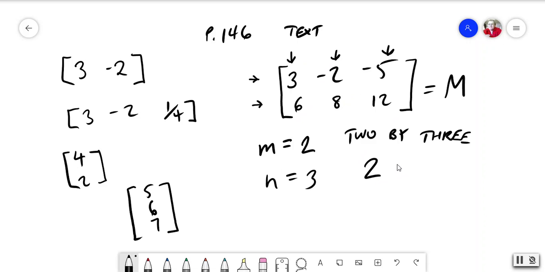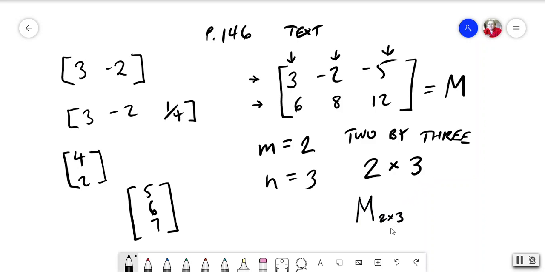And the way we write that is the same way we would write it if you've ever seen a piece of lumber, a 2 by 4, a 3 by 6, something like that. They use the multiplication symbol, the x, to mean by. So 2 by 3. And you could even say M is 2 by 3.